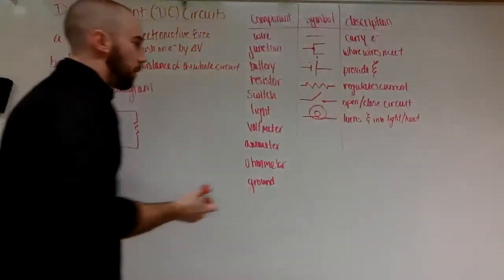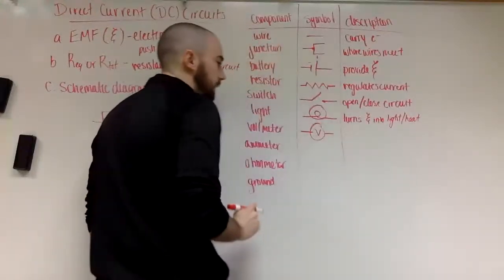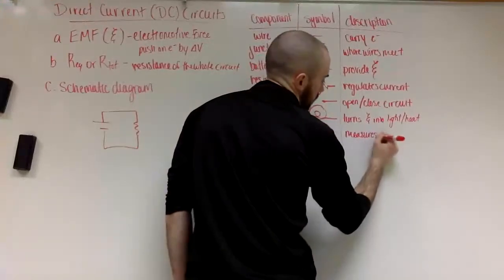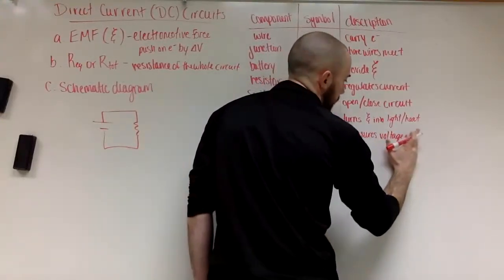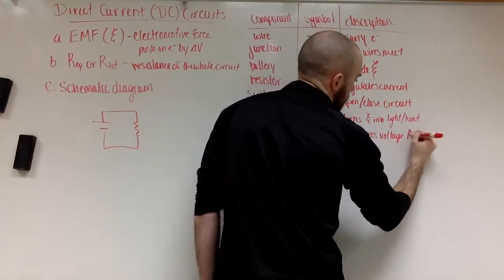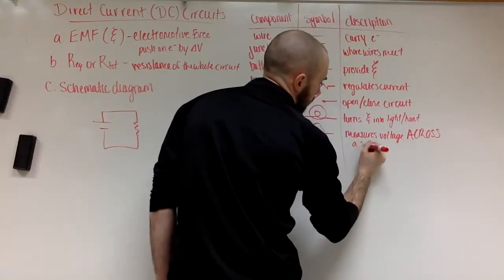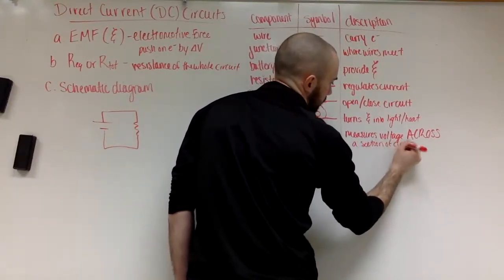Next, we have all of the ways we can measure sections about our current. So we have a voltmeter, and this measures voltage across, and I'm going to put this in all caps, across a section of circuit.